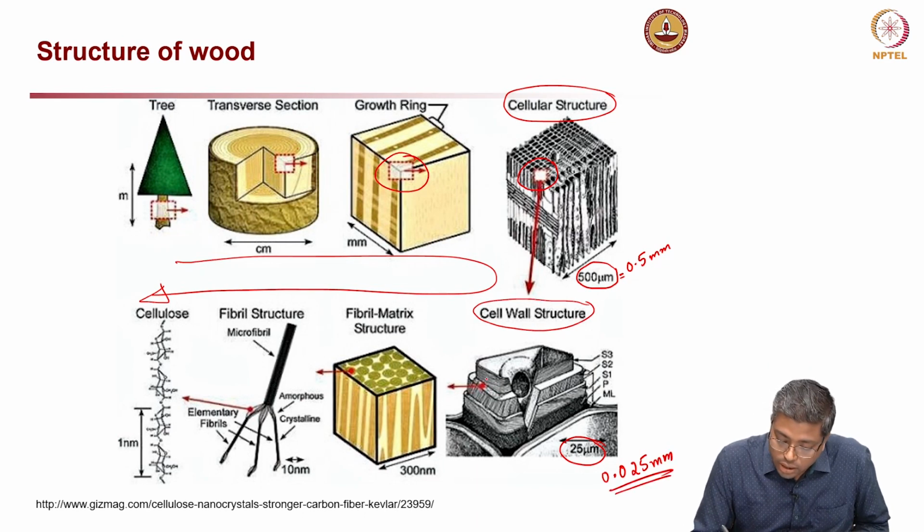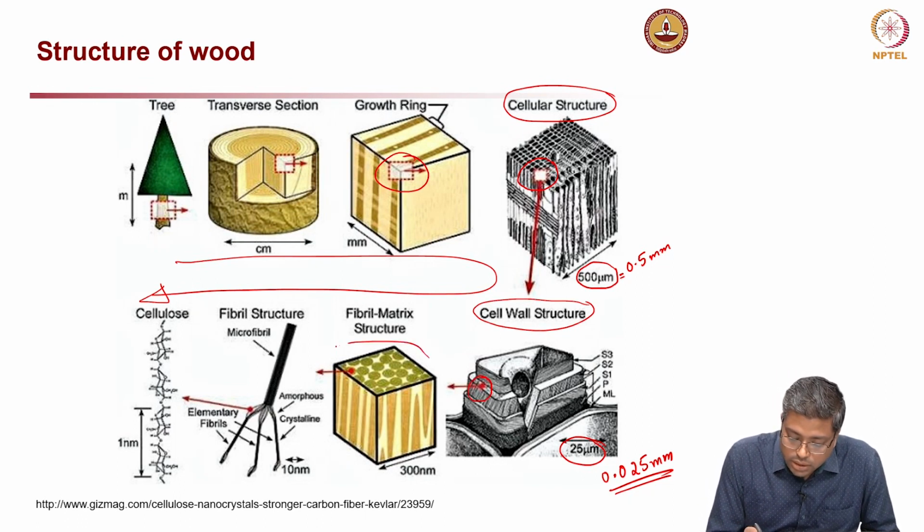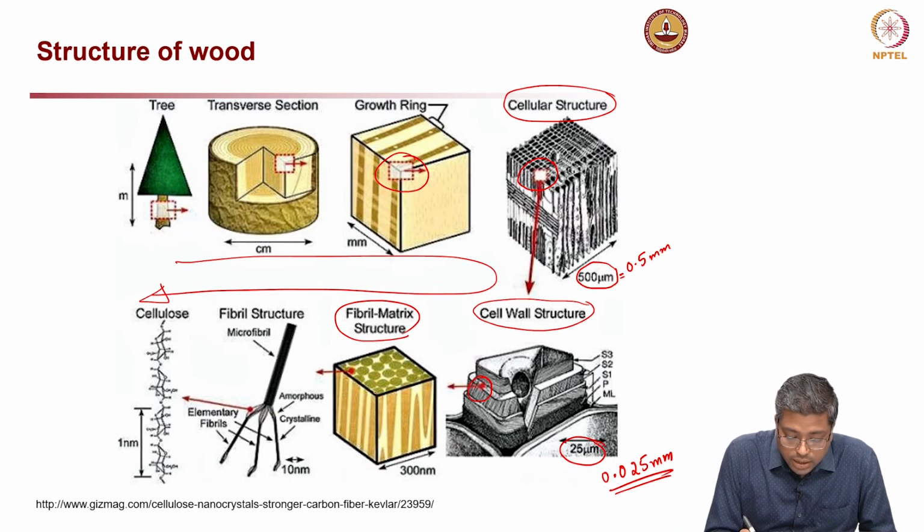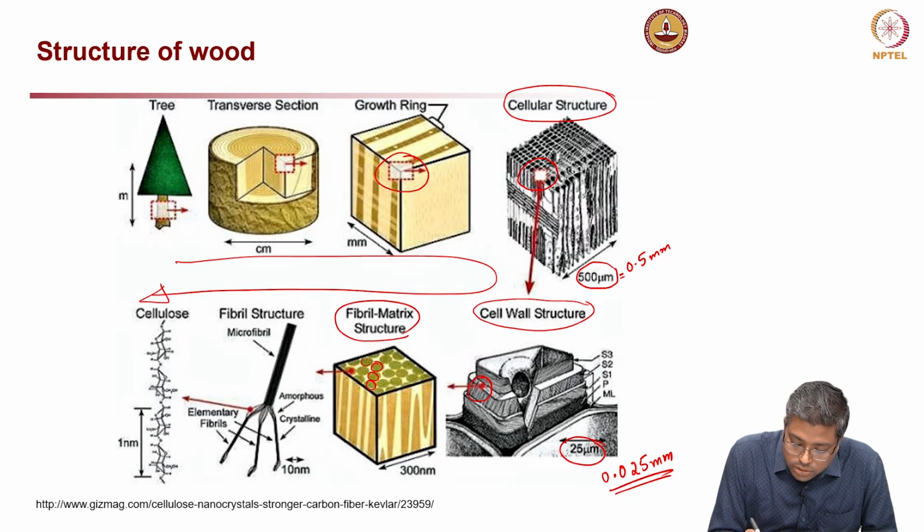Then looking at one of the cell wall elements, this is how the cell wall element looks, the fibril matrix, how the fibrils look, and these are each of those fibrils. All these green circles here are individual fibrils.